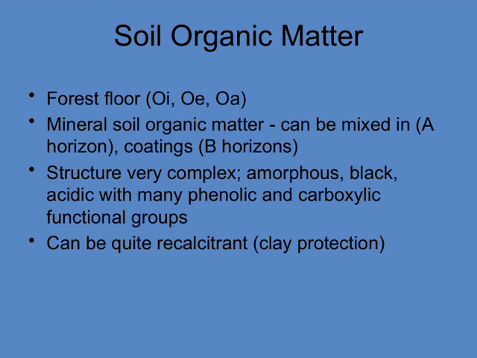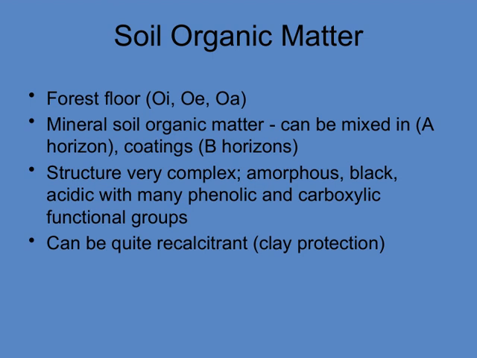The structure of soil organic matter here is very intricate. It's often amorphous, meaning it doesn't have a defined shape, and it tends to be black and acidic. This acidity comes from the presence of many phenolic and carboxylic functional groups, which influence how the organic matter interacts with other soil components. An important point to note is that soil organic matter can be quite recalcitrant.